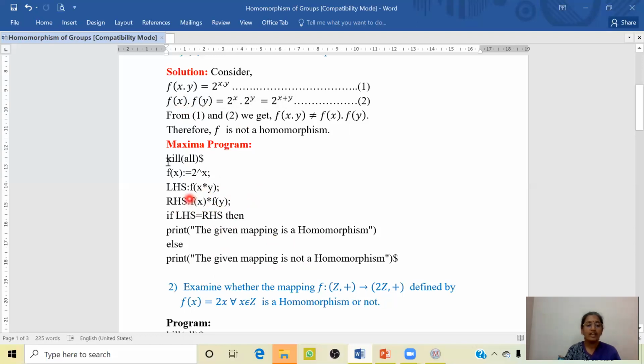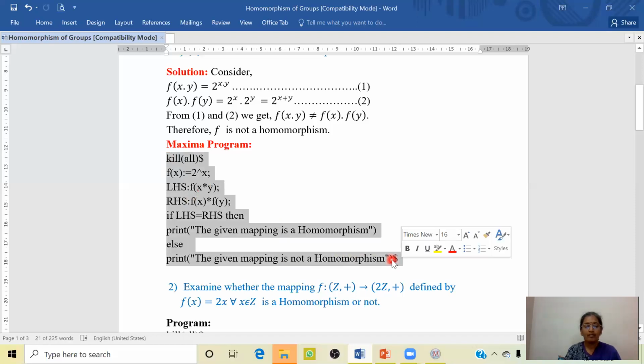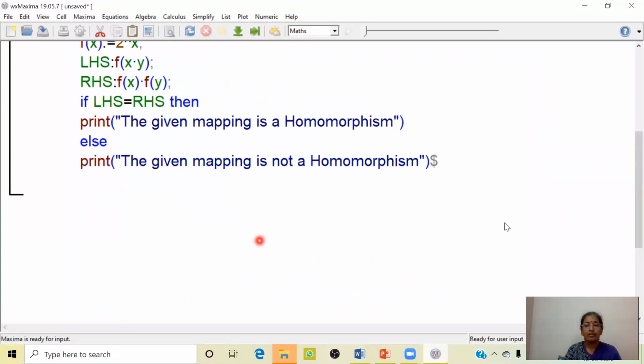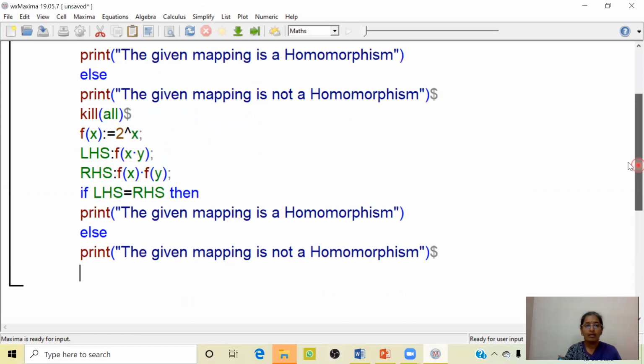Now let us check using this code in Maxima window. Let us copy this, go to the Maxima window, paste it. So this will be the program now.